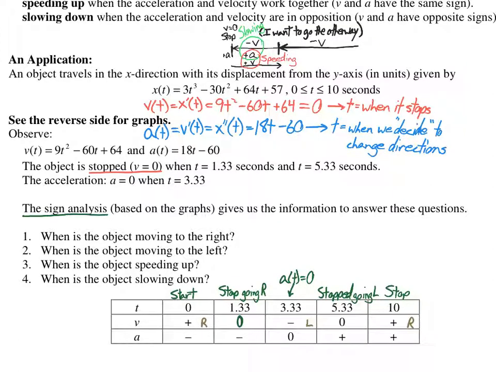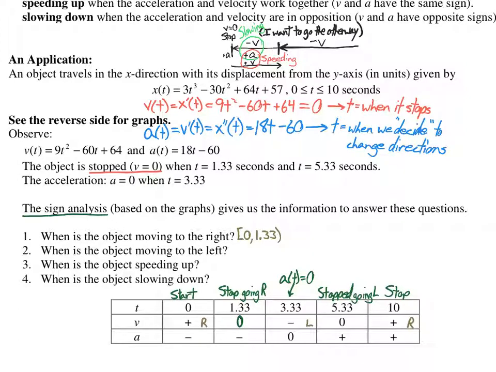So, when it asks us when is the object moving to the right, it's the time from 0 up to 1.33. Notice I used an open parenthesis here because at 1.33 I'm not moving anywhere anymore. So make sure you're careful with the notation.